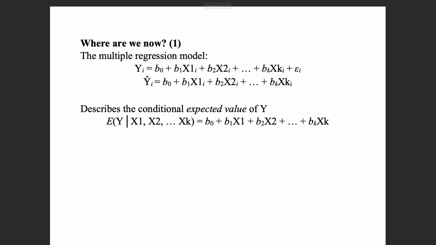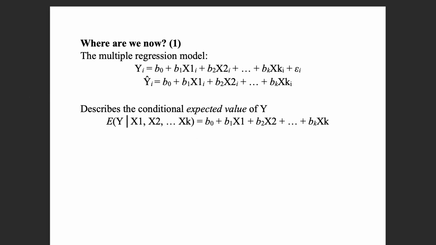We also saw already that we can interpret a regression model as giving us a conditional expected value of our dependent variable. So the regression model can be thought of as a description of the conditional expectation of our dependent variable. Remember, the E here stands for the expected value, and we're talking about the expected value for our dependent variable conditional on, so the upright bar here means conditional, depending on the values of the x variables that we have included.